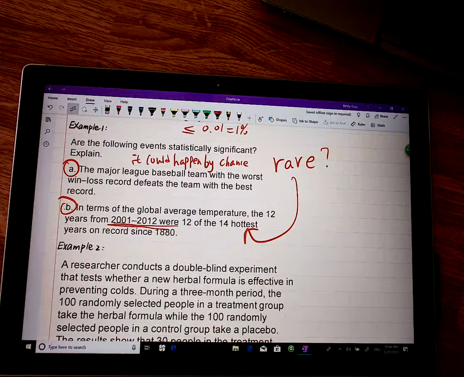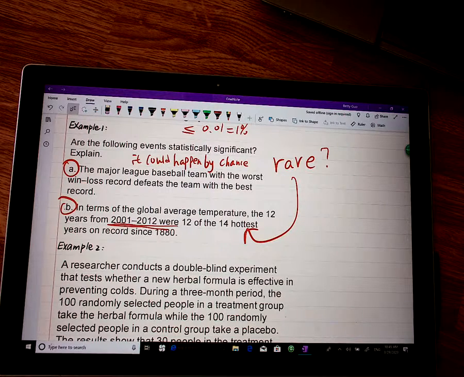Part B, in terms of the global average temperature, the 12 years from 2001 to 2012 were 12 out of the 14 hottest years on record since 1880. So what do you think about that? The occurrence here: 12 years out of 14 years are the hottest years in the record since 1880.